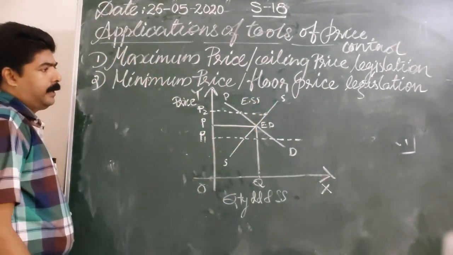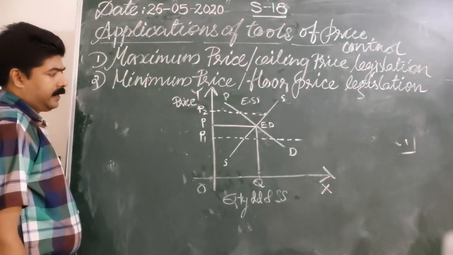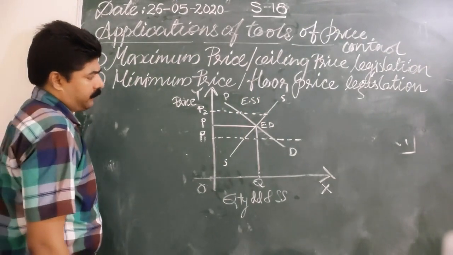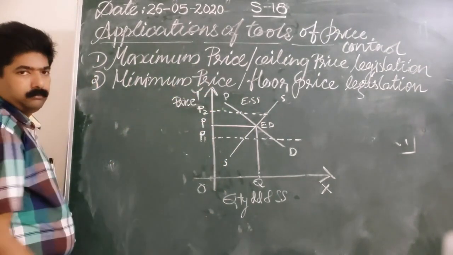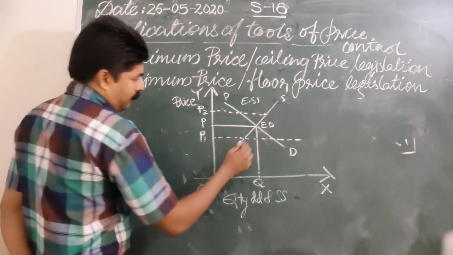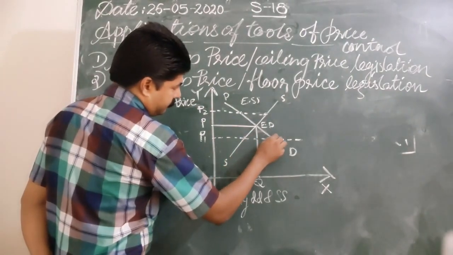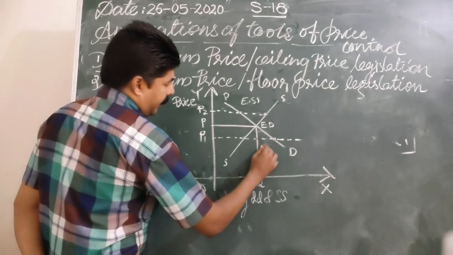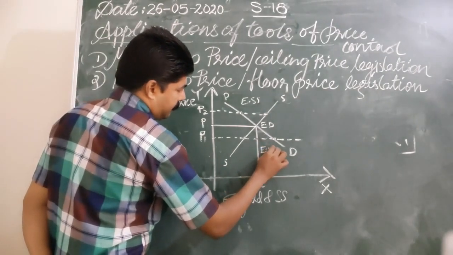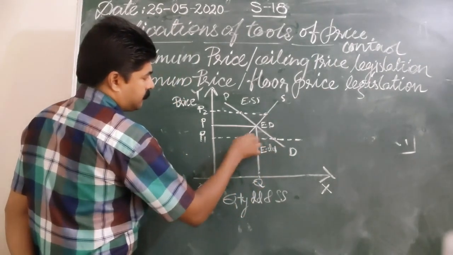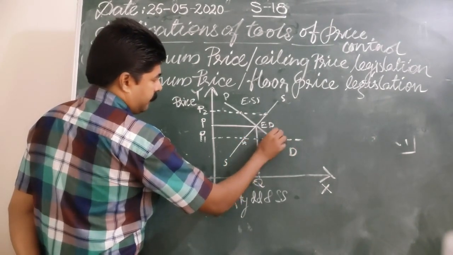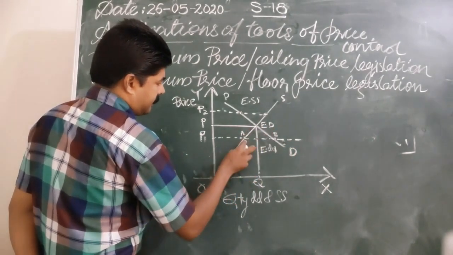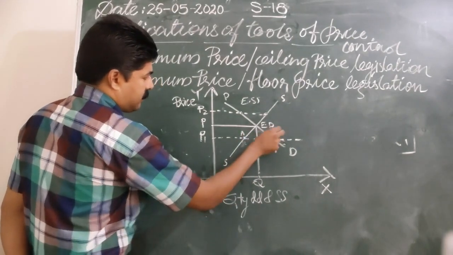Due to excess supply, there is a direct effect on the price of the commodity, which falls toward the equilibrium price. Now what about this condition? This is excess demand. The A and B points show excess demand.